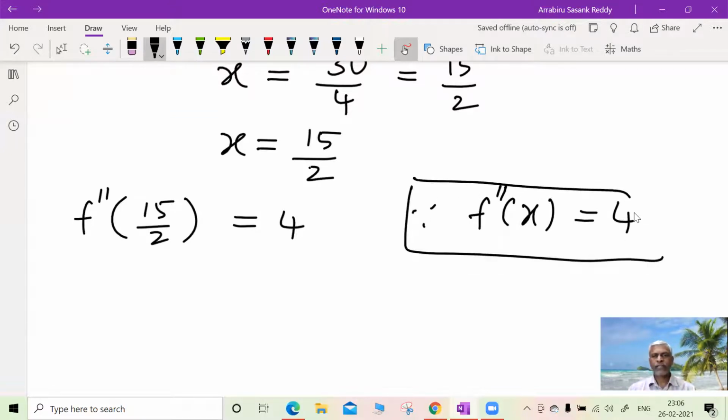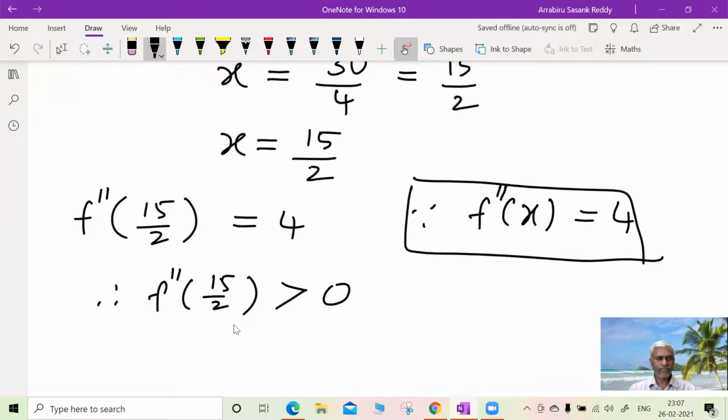So substituting x value 15 by 2, that is 4. So 4 is greater than 0. Therefore, f double dash at 15 by 2 is greater than 0.